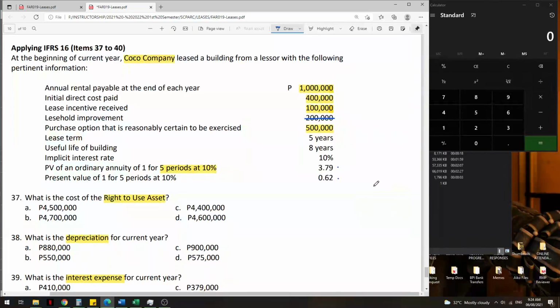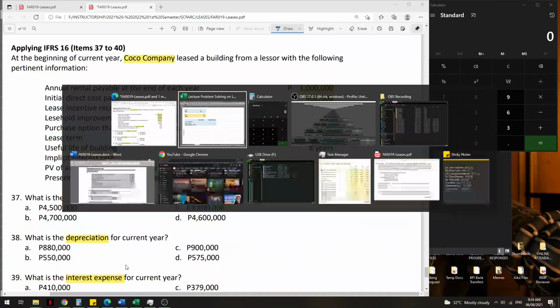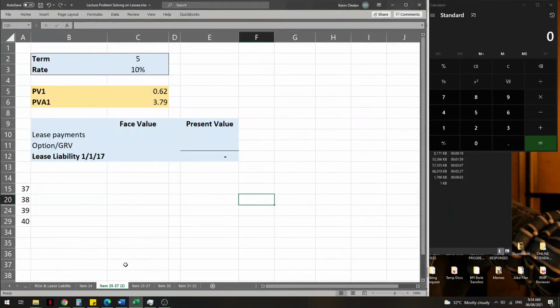So let's solve right of use asset. For this, I will be using a solution guide, and I have it here in my Excel file. Here, 37 to 40. The term is 5 years, the rate is 10%. We have present value factors, so let's start solving. First, let's determine the lease liability because it's an essential part of our ROA.